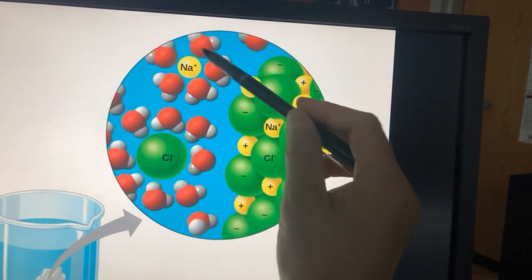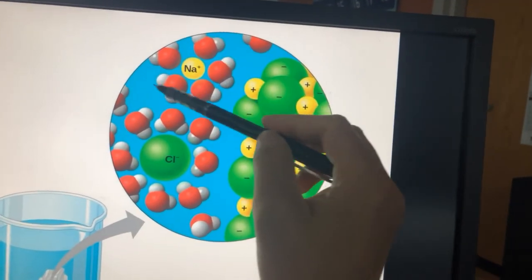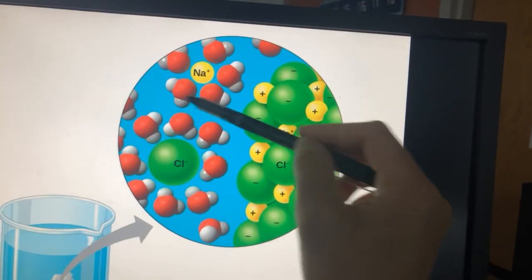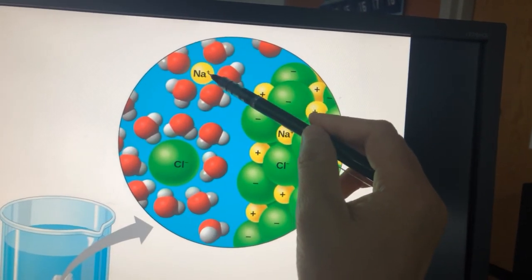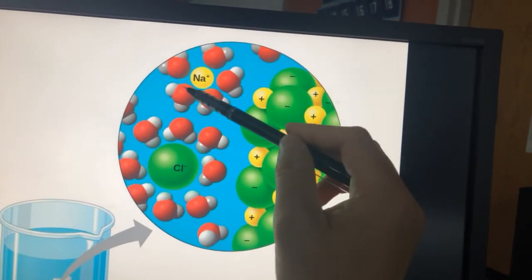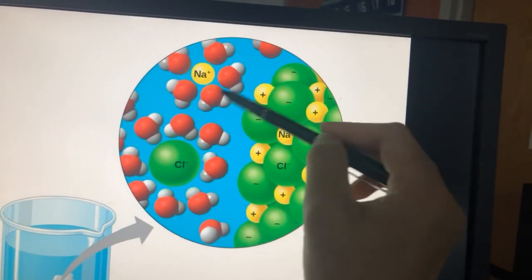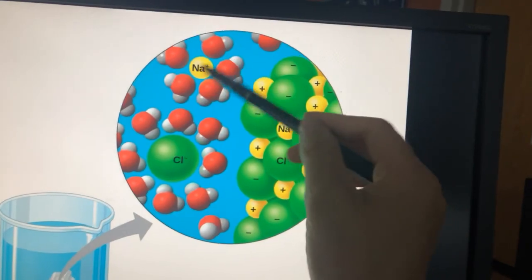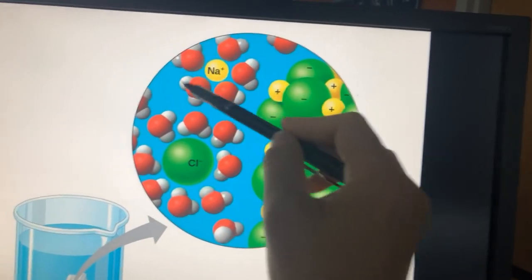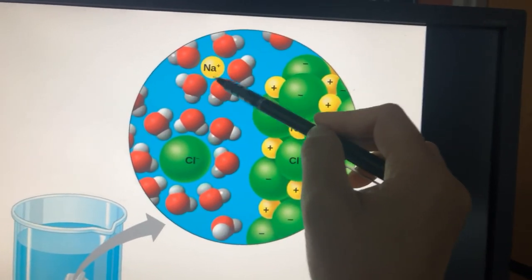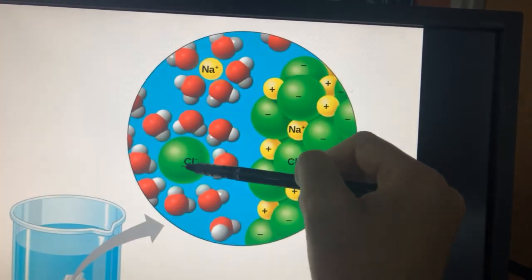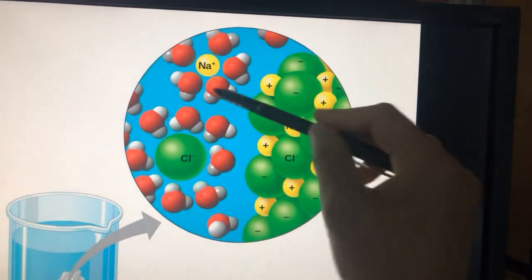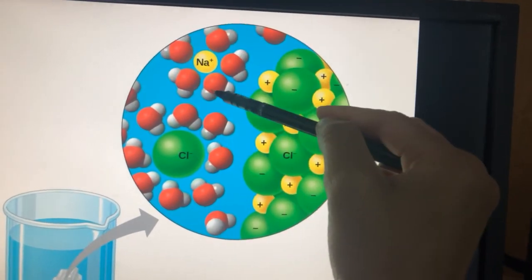And notice that the water is surrounding the sodium, and notice, because sodium has a positive charge, notice the negative oxygens surrounding it. That's called a hydration shell. Hydration is because it's with water and they're literally forming like a little shell around it. And so this sodium can no longer bond to this chlorine anymore, or any of the chlorines in here, because the water is literally surrounding it.